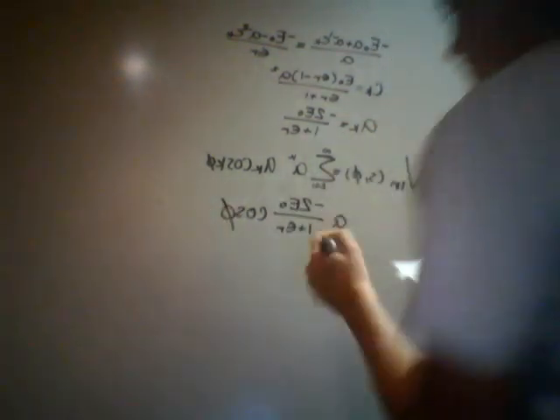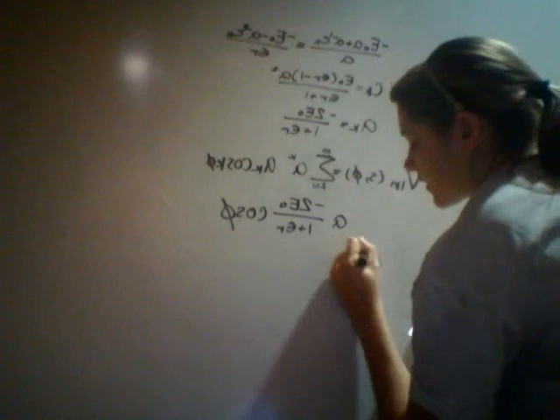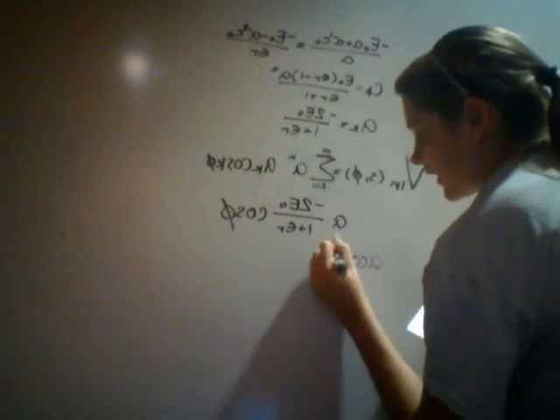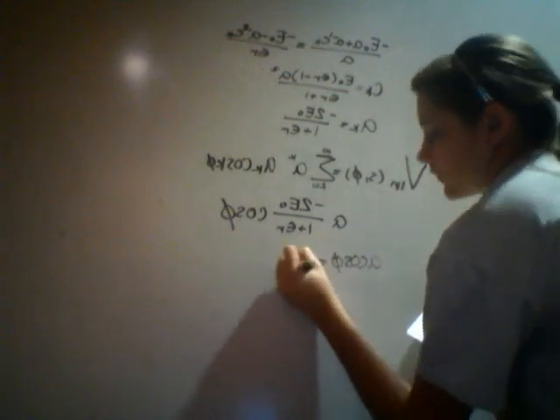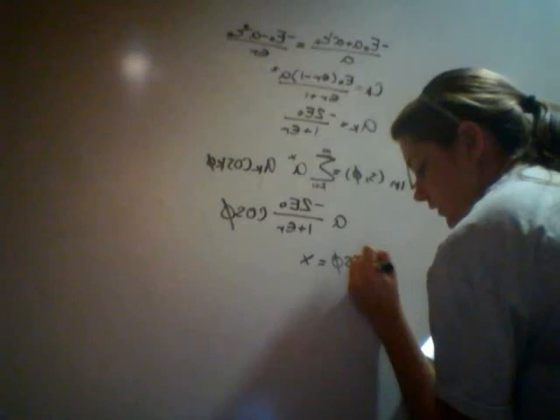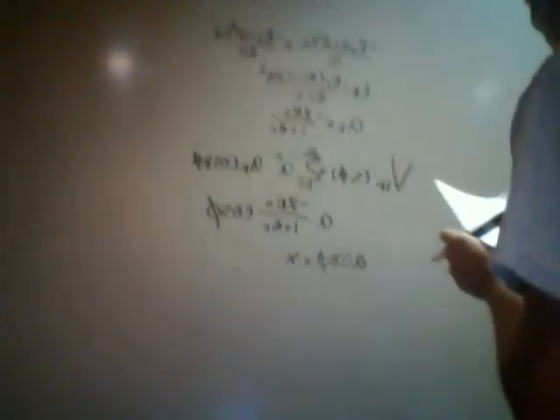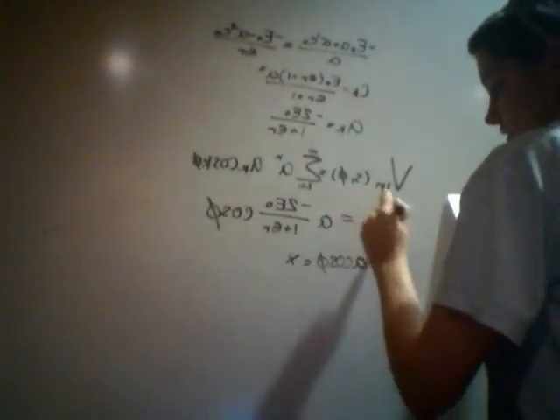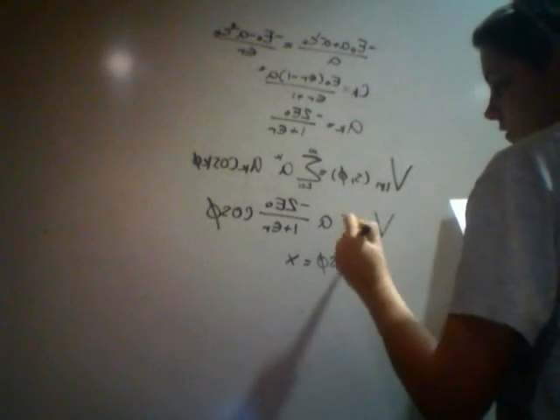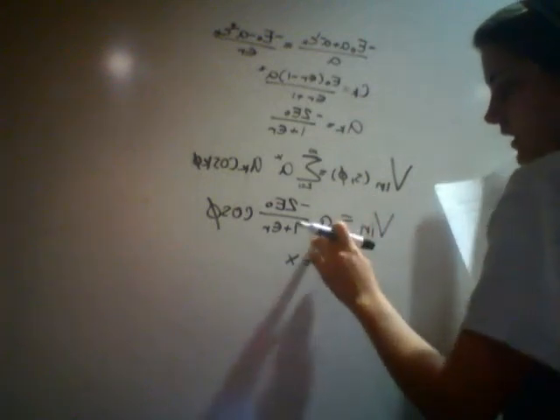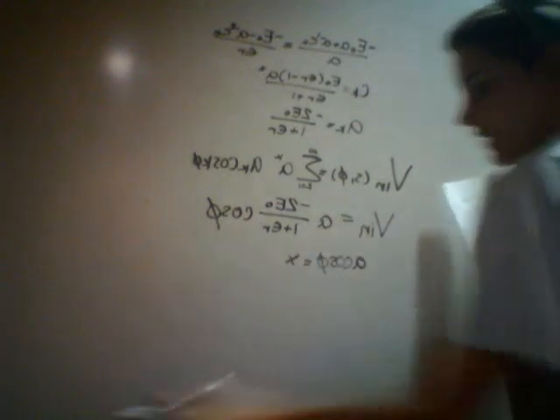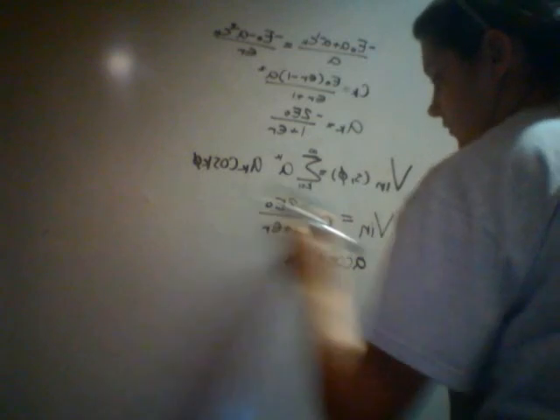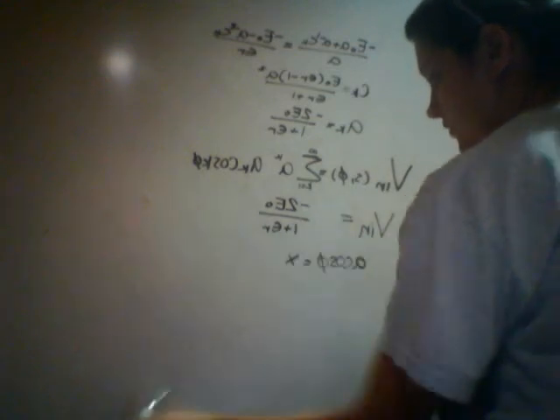And since a cosine phi equals x, I'm going to change this, our V in. So a cosine phi equals x. We get rid of those terms and substitute the x in.